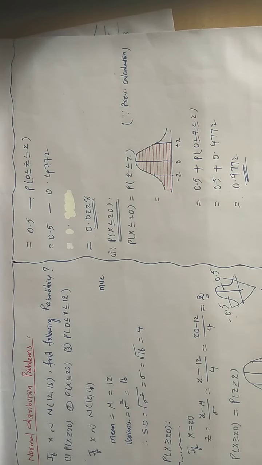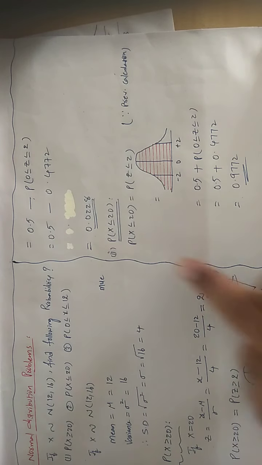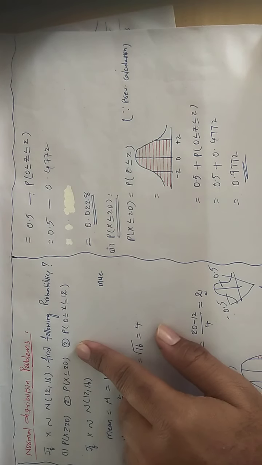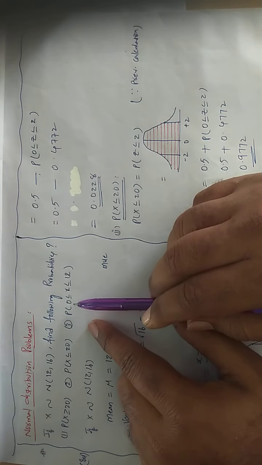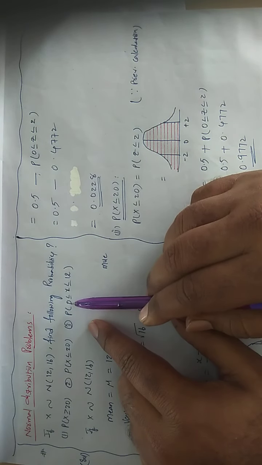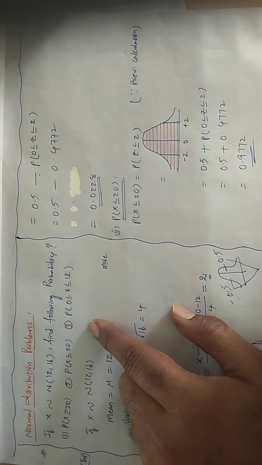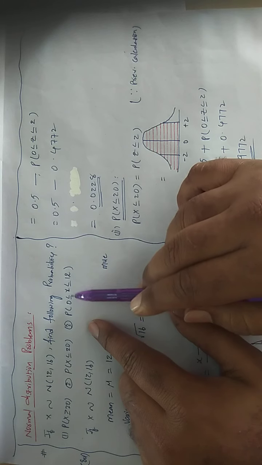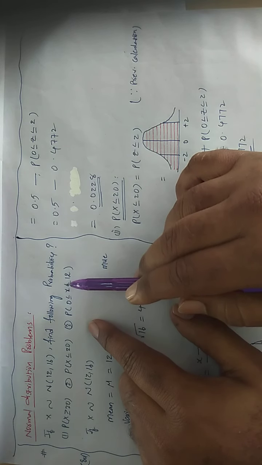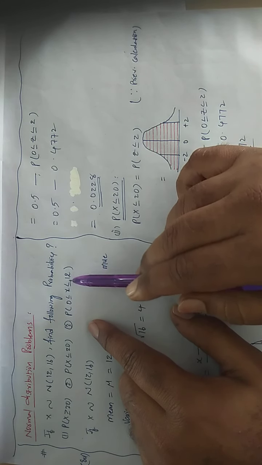So this is the third bit. Sorry, what is that? Second bit. Now you go for the third bit. What is the specialty of the third bit? Here two limits have been given, a lower limit and a higher limit. For both the limits, we need to calculate the z values. If x is equal to 0, what is the z value? If x is equal to 12, what is the z value?